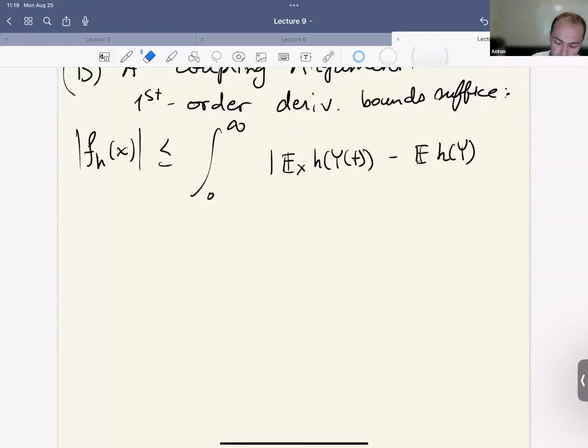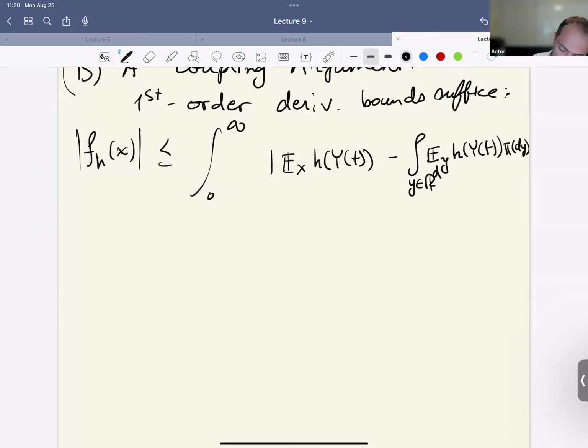Okay, so now I want to say, and I showed you this one or two lectures ago, I want to rewrite the steady state expectation as the expectation over some initial condition of the stochastic process. And I'm going to integrate over the reals of pi dy.